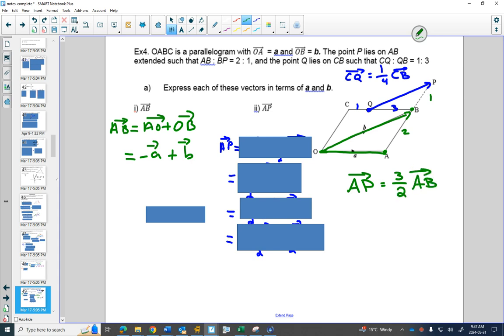Ratio-wise, now I want to go from A to P. Does it make sense that A to P is 3/2 of A to B? Because if this has a length of 2 and this is a length of 1, this is going to be 1.5 times A to B. Because A to B would be 1 times, and then you add another half, so that would be 1.5 times as well. I find in these questions, sometimes just the mental math of the ratios is what might slow you down, might have you think a little bit.